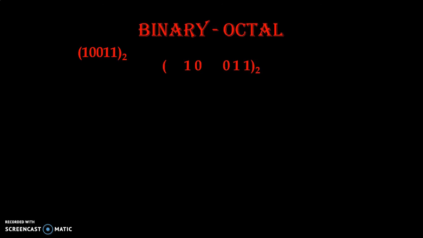So we add 0 to 10 and get 010, right? It is compulsory to prepare a group of 3. And now the second group of 3 binary bits is ready.